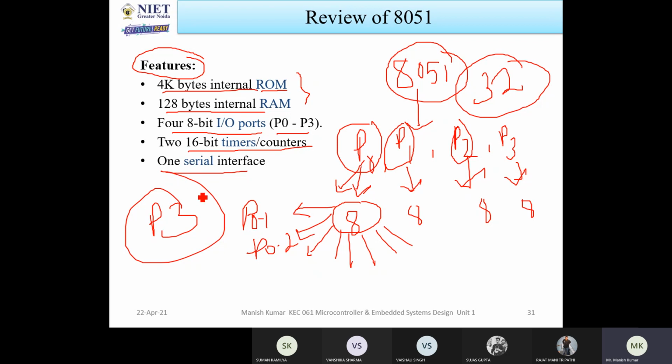The next is 16-bit timers and counters. You know that 8051 is an 8-bit microcontroller, but the timers and counters available are 16-bit. So you can divide this 16-bit timer into 2 different parts: timer lower byte, denoted as TL, and timer higher byte, denoted as TH.